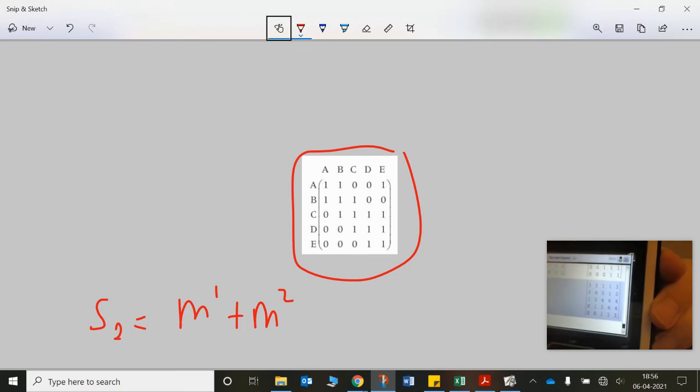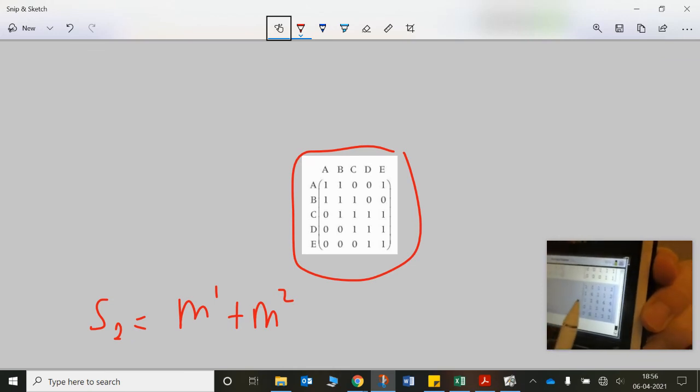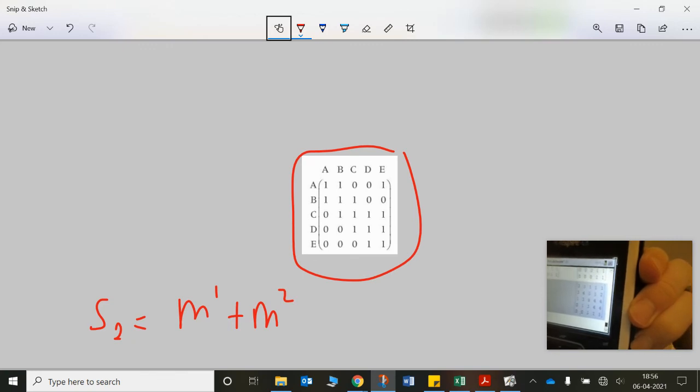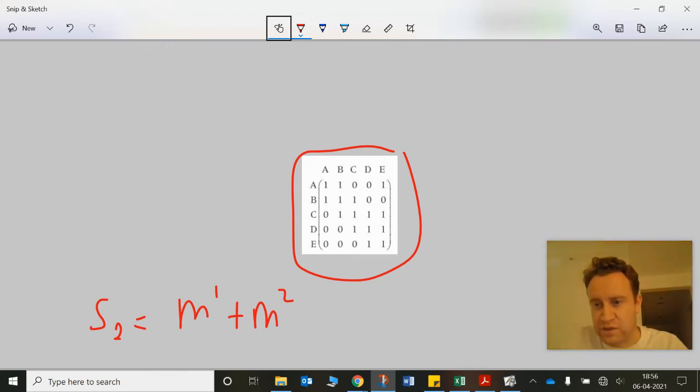That's here and here. Those two zeros indicate that there are no walks of length 1 or walks of length 2. So that's what they're talking about in that question.